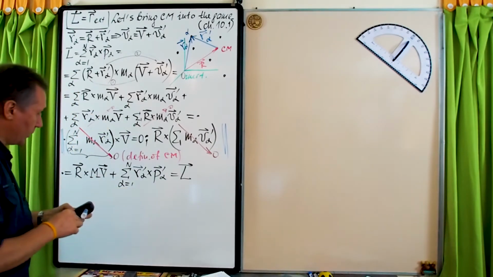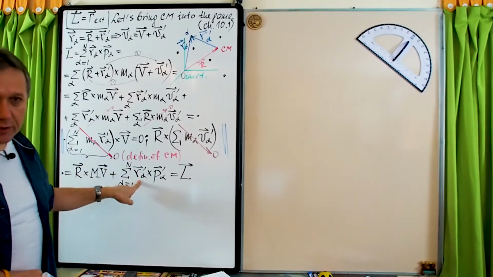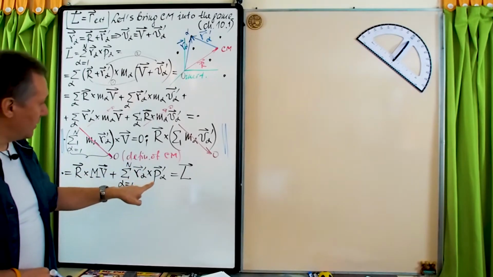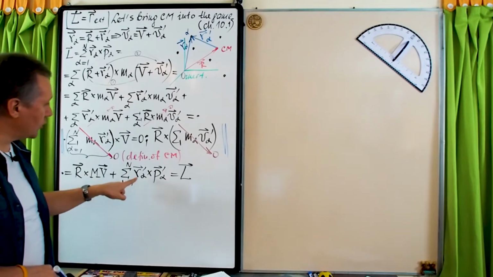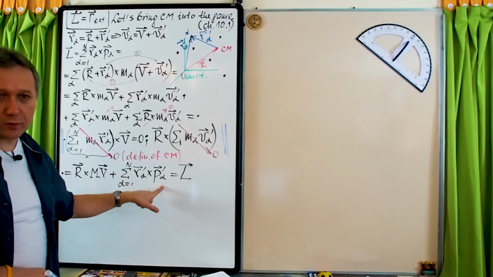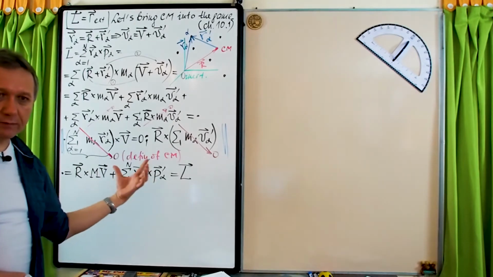Then this, what do we have here? Position of the particle relative to the center of mass. Linear momentum of a particle relative to the center of mass. So these terms, and then of course you cross it, right? So it's the angular momentum of particles relative to the center of mass.